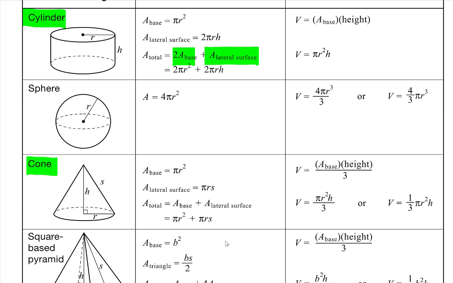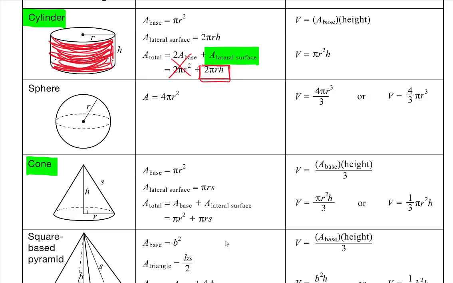The surface area of two circles is the top and the bottom, so we don't need this portion because remember it's open. So we're just going to use the lateral surface, or the outside, because remember, in our silo, the top and bottom of it is open. So we need 2 pi r h for our cylinder.